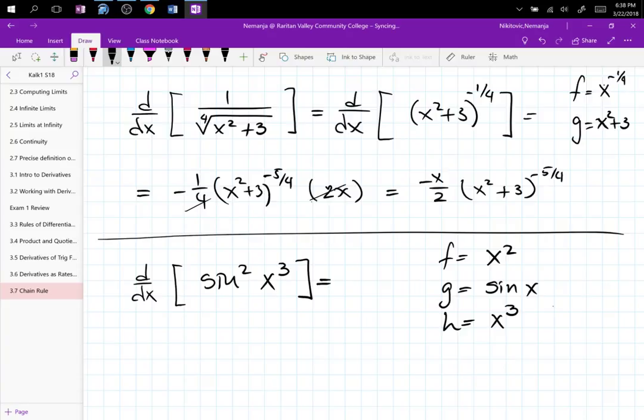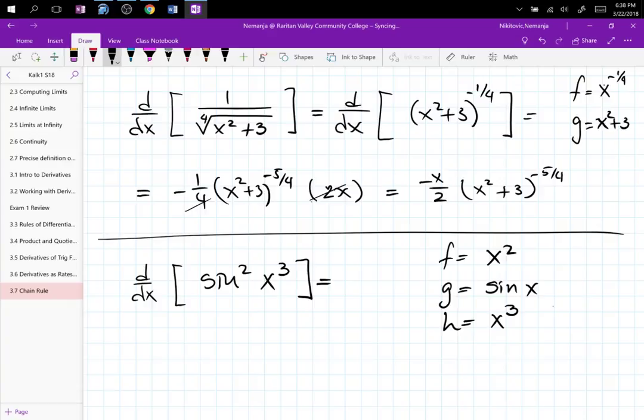Now let me replace this x with sine x cubed, and you get sine x cubed everything squared, which works with that. So it's good to check this every time. Once you have this, the rest of the derivative should flow. Obviously, if you don't know the rules for differentiation, you're doomed. But if you do know the rules of differentiation, it should go smooth.